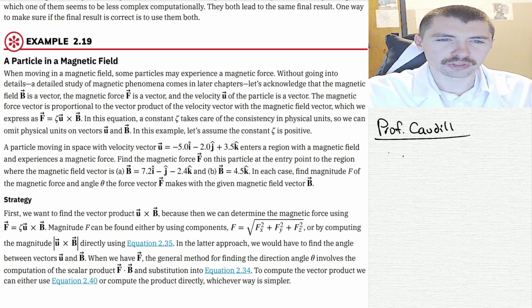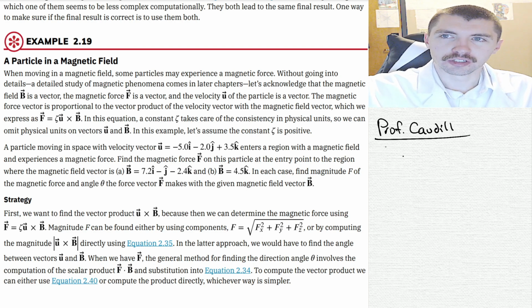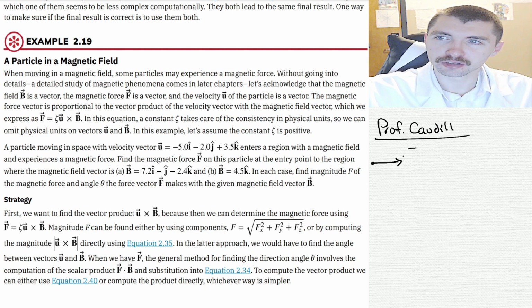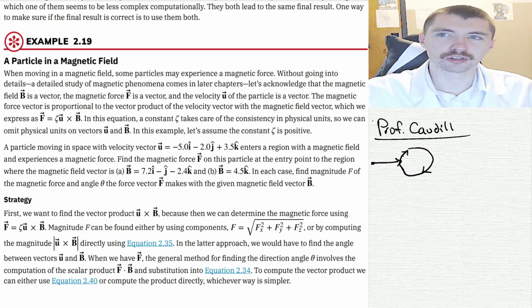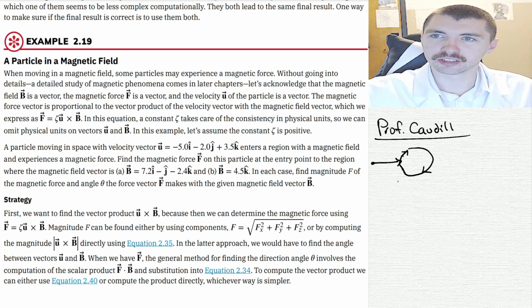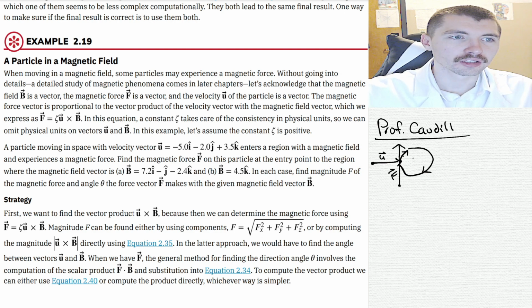So I think last time we did an attempt at this problem of a particle entering a magnetic field. So we're trying to calculate this force vector that happens here. And this is the direction of the particle, and this is your force vector.